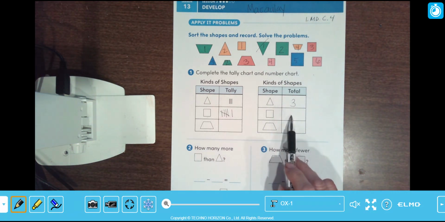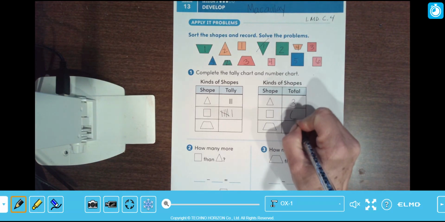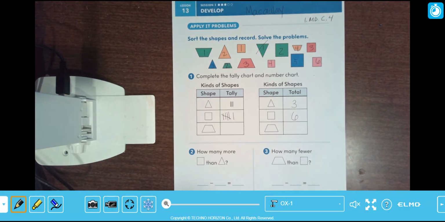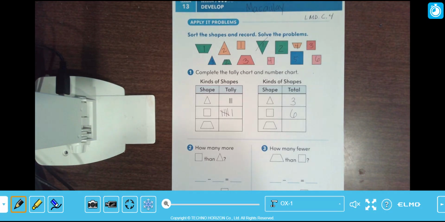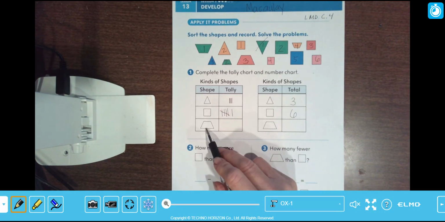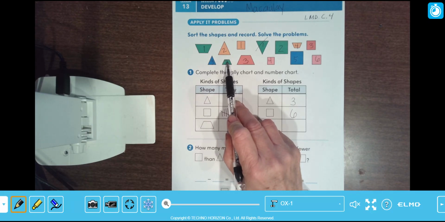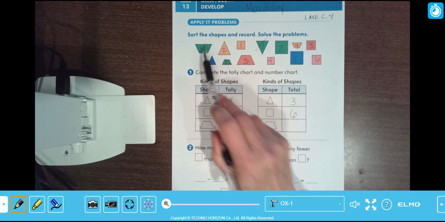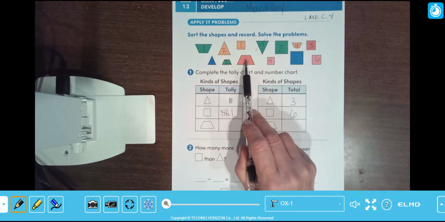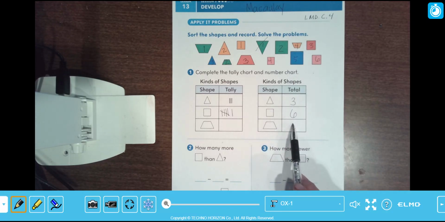So right here, we're going to write 6. Okay, so the trapezoids, there's 1, 2, 3, 4. So right here, we're going to write the number 4. Go ahead and do that.